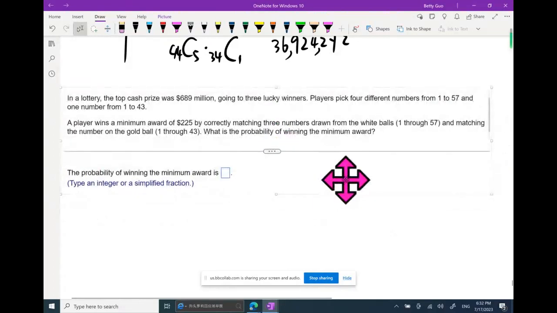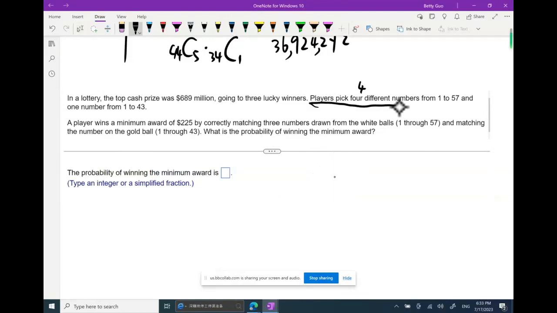All right, let's read this problem. In a lottery, the top cash prize was 689 million, going to 3 lucky winners. Players pick 4 different numbers from 1 to 57.